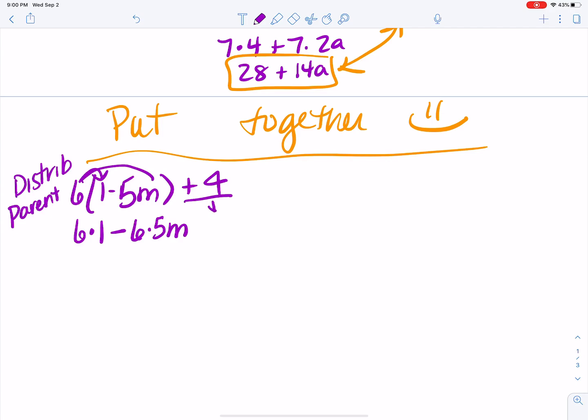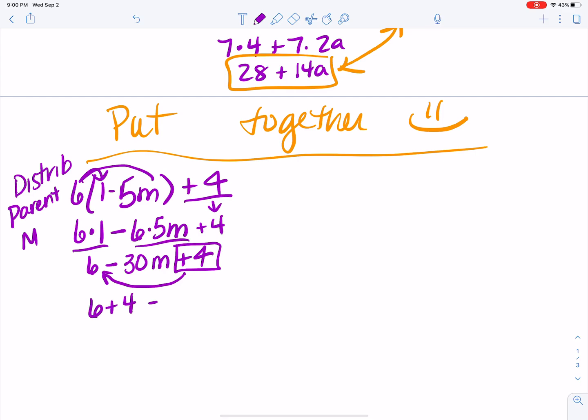This 4 doesn't change, it just comes down. Next, I do my multiplication. 6 minus 30m plus 4. I am going to rearrange just because I can. I'm going to move this over close to the other like term. 6 plus 4 minus 30m. I can combine these two terms. I get 10 minus 30m. Final answer. We did it.